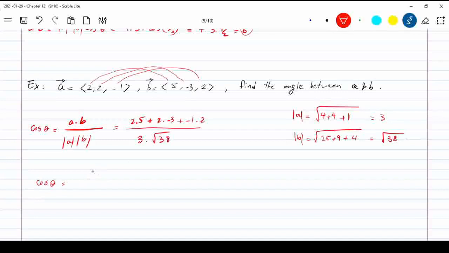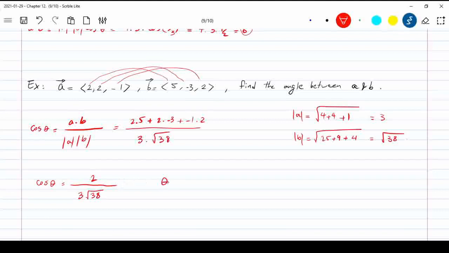If you compute the numerator, you'll get 10 minus 6 minus 2, so it would be 2, divided by 3 root 38. And you cannot simplify this any more than that. 38 is 2 times 19, so there is no way to simplify.